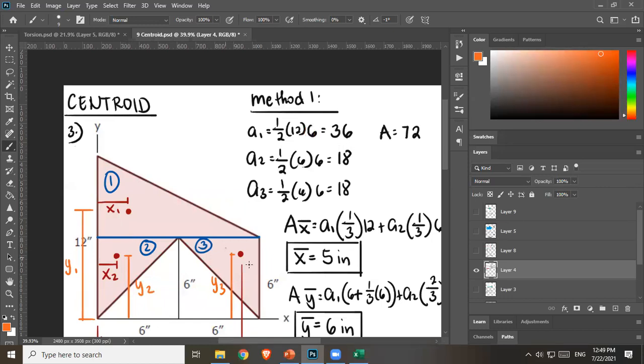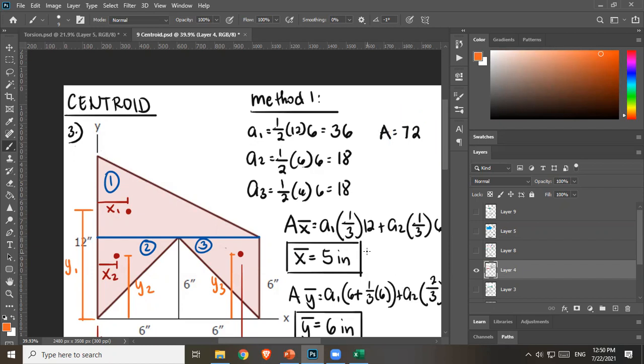Next, A2 and A3 have the same dimensions, so they'll have the same area. So 1/2 base, this is the base, which is also equal to this, 6, times height, which is also 6. So 1/2 times 6 times 6, you have 18. Again, A2 and A3 are the same, they're 18. Get the total area: A1 plus A2 plus A3, you'll get 72.